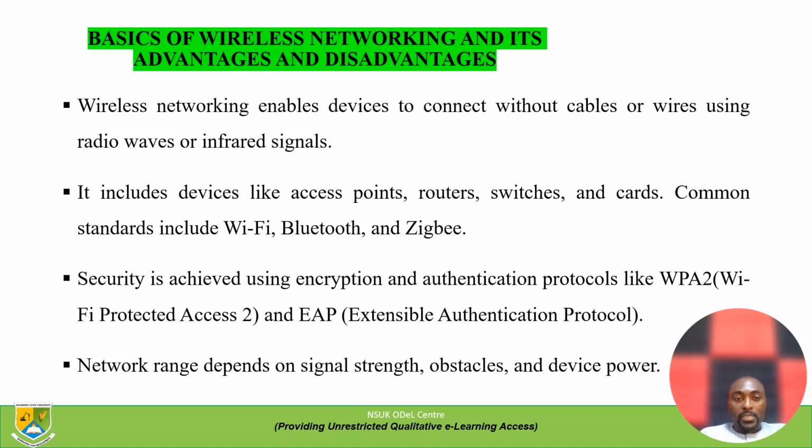Common standards include wireless fidelity, Wi-Fi, Bluetooth, and Zigbee. Security is achieved using encryption and authentication protocols like Wi-Fi Protected Access and the Extensible Authentication Protocol. Network range depends on signal strength, obstacles, and device power.